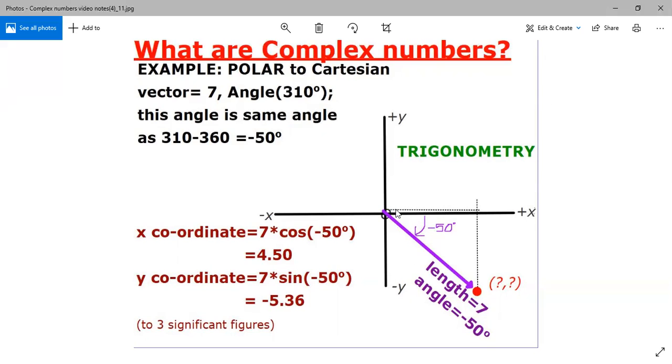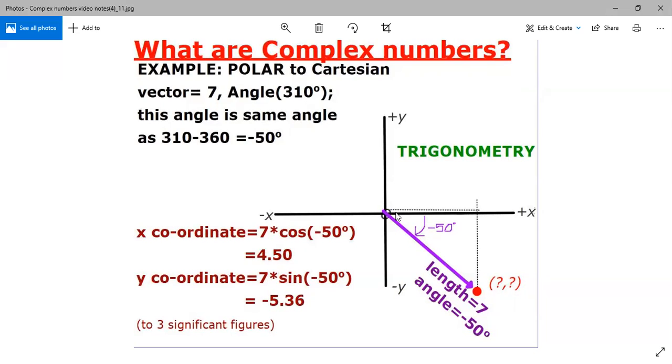How do we get that polar size and angle into Cartesian x and y coordinates? 7 times cosine of the angle gives us plus 4.5. For the y coordinate, 7 times sine of the angle gives us the y coordinate to 3 significant figures.